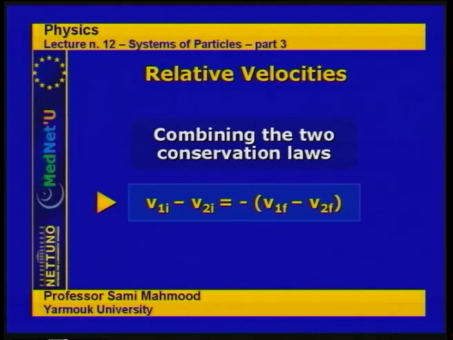Notice that so far we have three equations, but they are not all independent. This third equation is derived from the coupling of the two equations, so it's not independent. If we want to use it, it should replace one of the two basic equations. So we can use it instead of the conservation of energy in case we don't need energy.